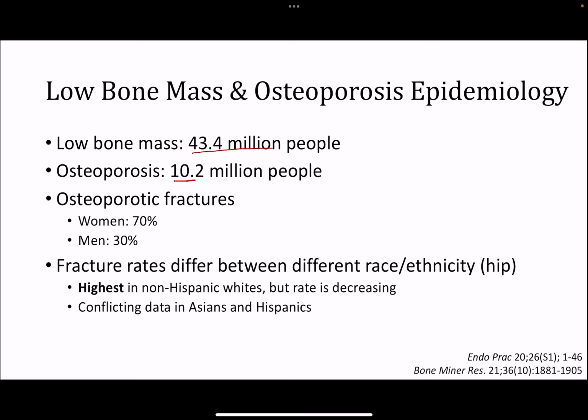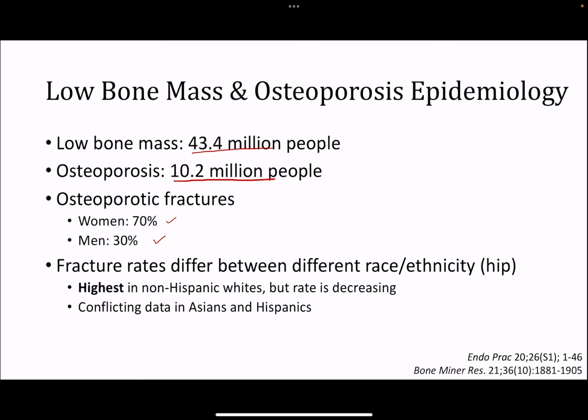That number is 10.2 million people that have osteoporosis, and these are the people at increased risk of getting a fracture. Women tend to have more osteoporosis compared to men, and you could see that in the percentage of fractures. So women have 70% of fractures versus men, where it's only 30%, but we still want to treat these men.